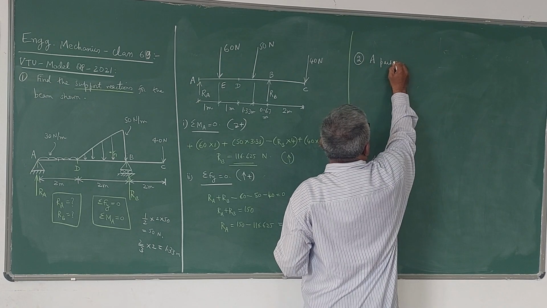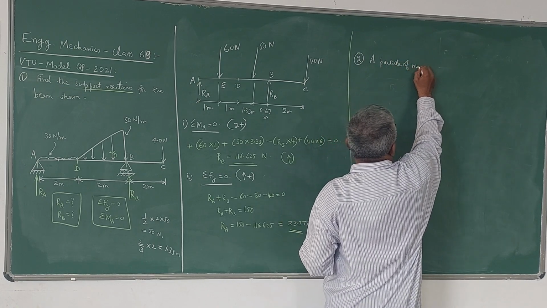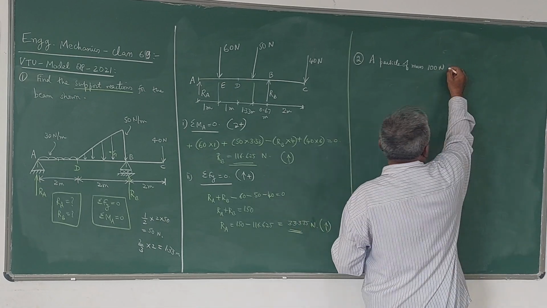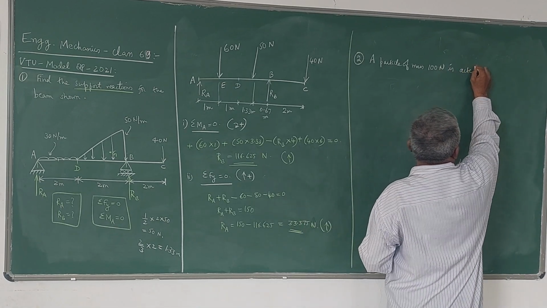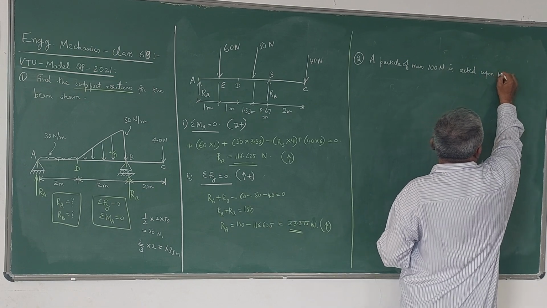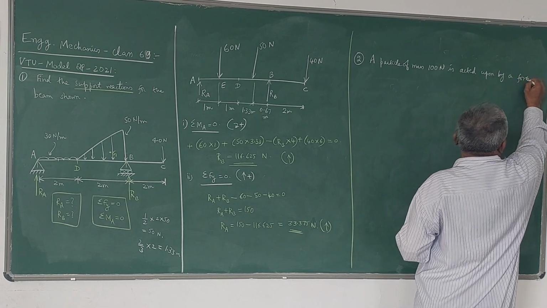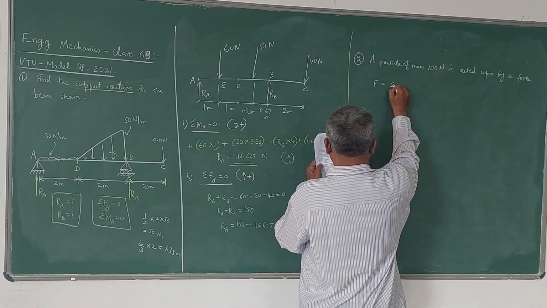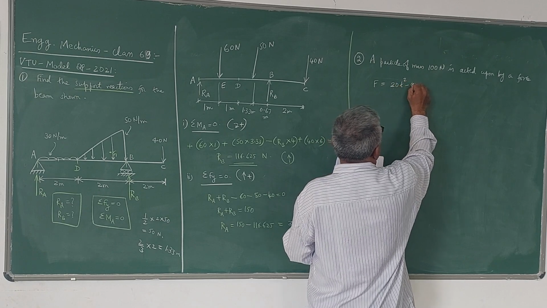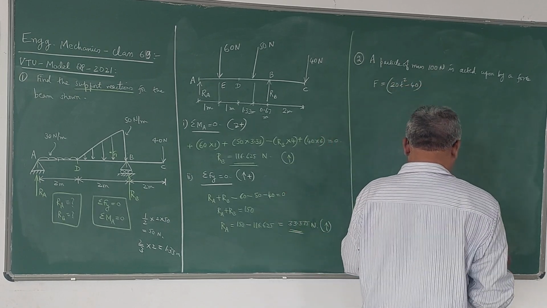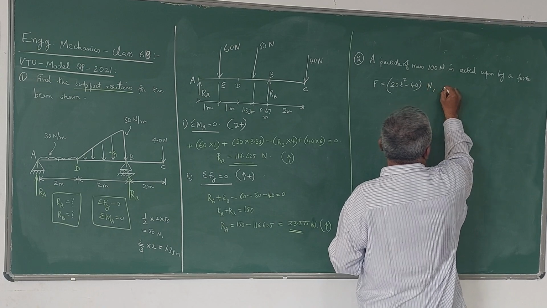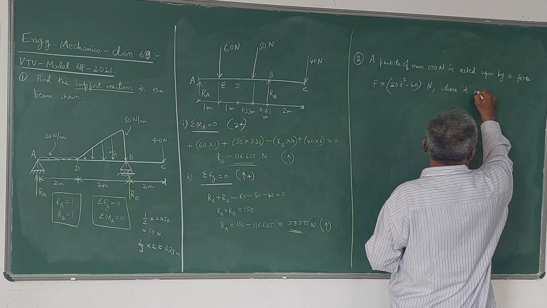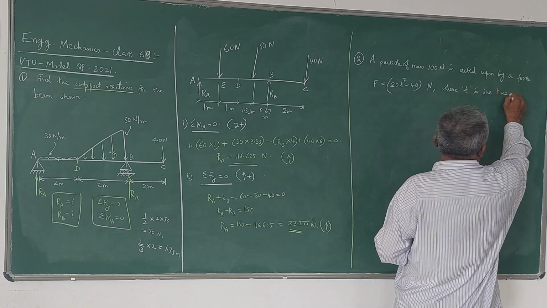A particle of mass 100 Newton is acted upon by a force F equal to 20 t square minus 40 Newton, where t is the time in seconds.